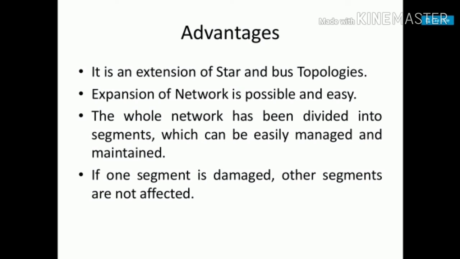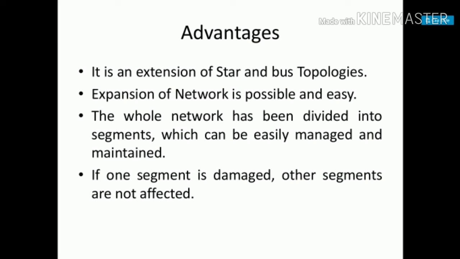There are many advantages of tree topology. This is an extension of star and bus topologies, and it is very easy to expand the network. The whole network is divided into segments which can be easily managed and maintained.